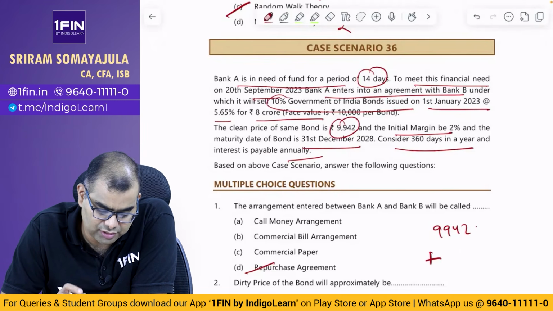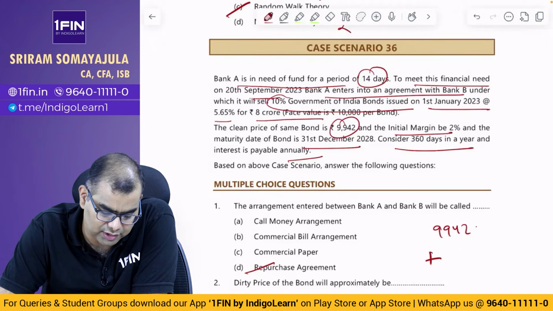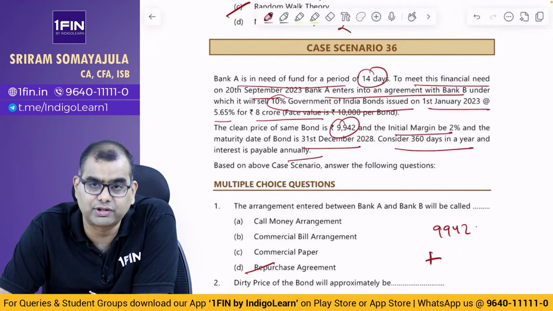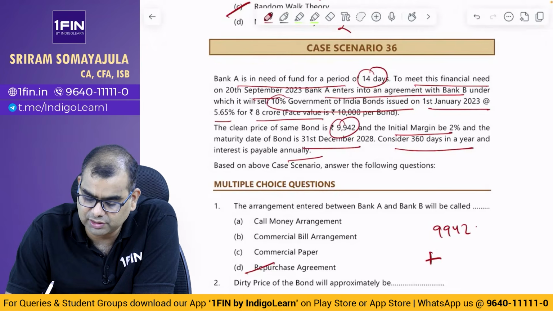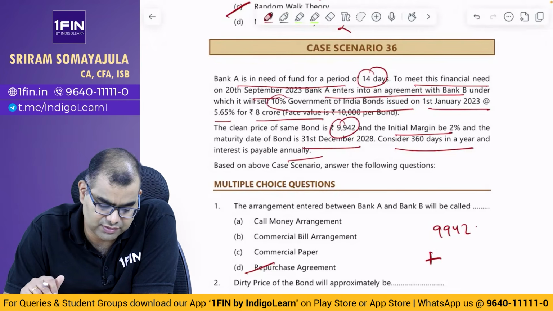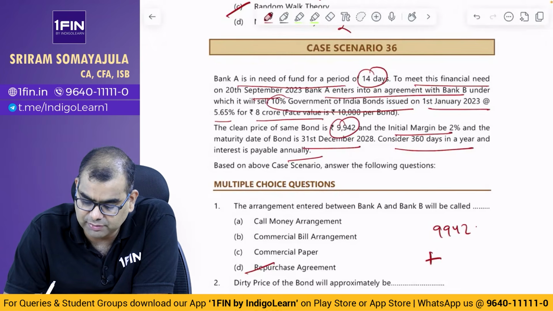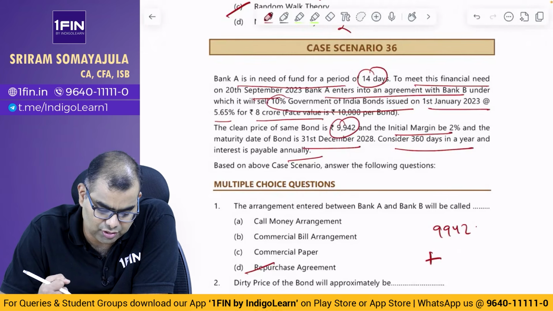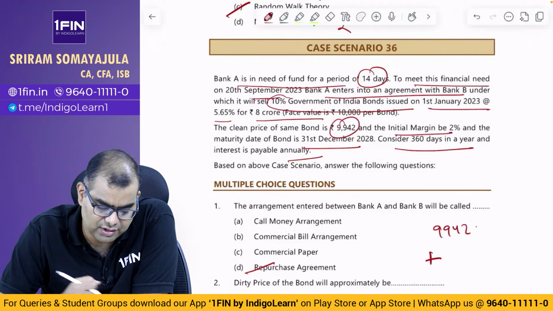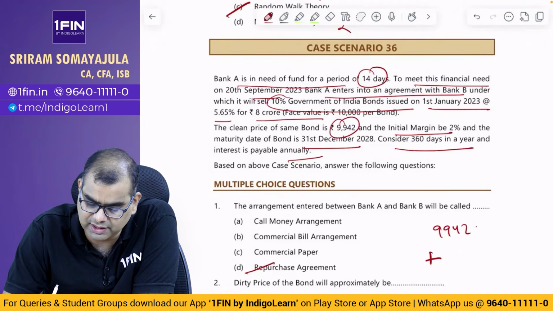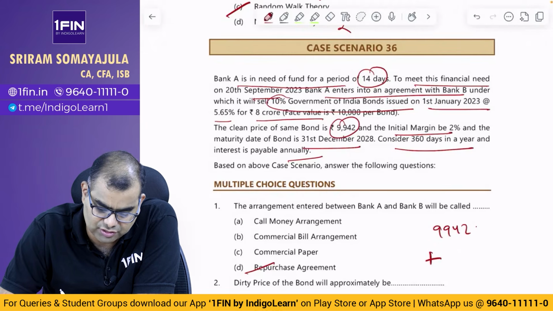It's a 10% bond, so 10% for how many days? 31 Jan plus, and this is which year, 23, plus 28 Feb plus 31, or we can do it the other way: 365 minus 31 December minus 30 November minus 31 October minus 11 days till 20th. You have 262 days.